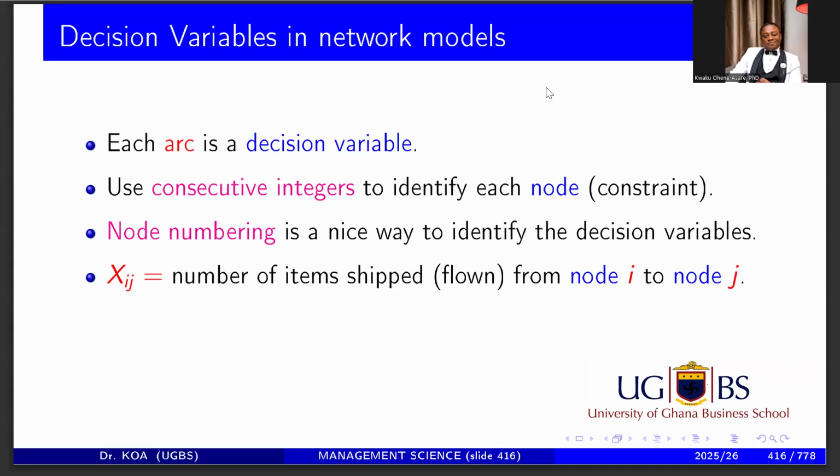And so the decision variable is not written as x2 or x1. No, it's represented as x12, x21, x13, because the 1, 2, 1, 3, 1, 4, those ones represent the sending node and the receiving node. Take note.